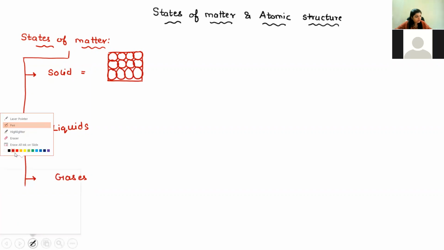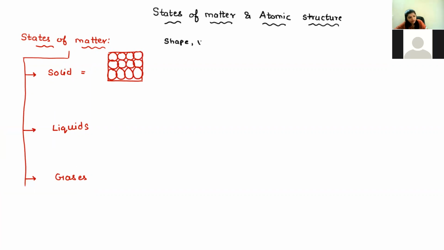Okay, what about the shape, volume, and density? In a solid, the shape, volume, and density are definite, and also the mass. Definite mass, definite shape, definite volume.